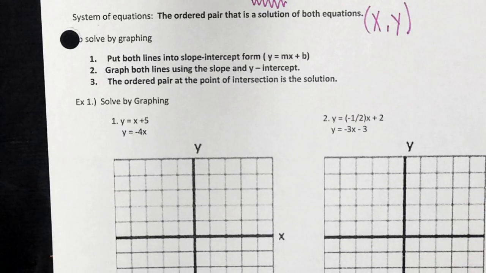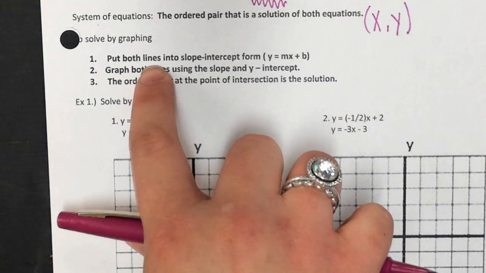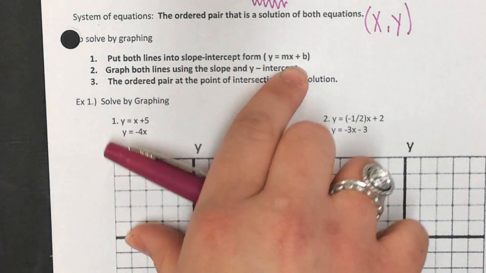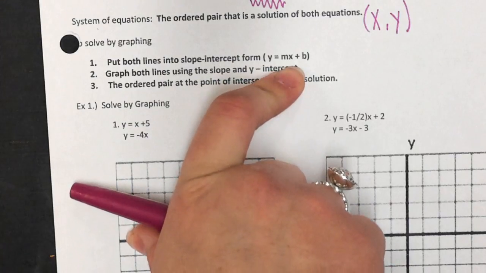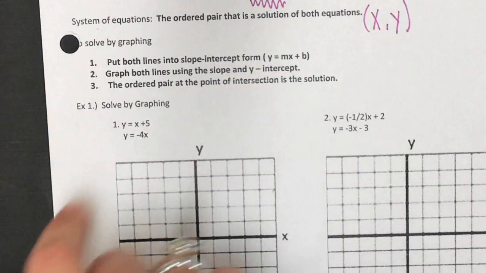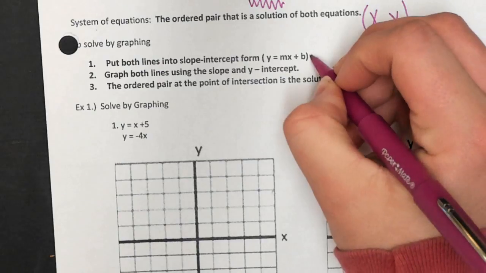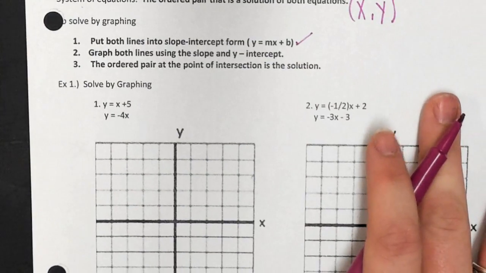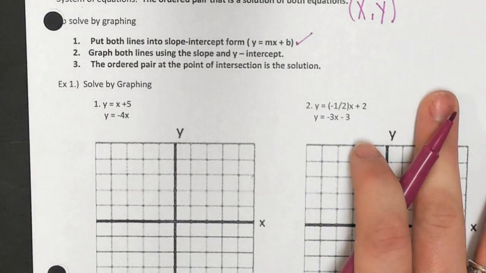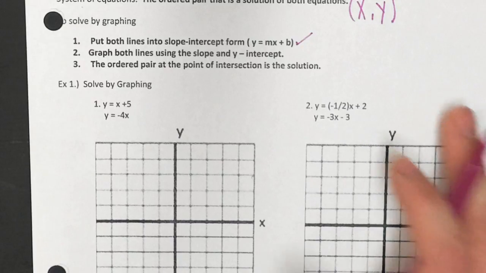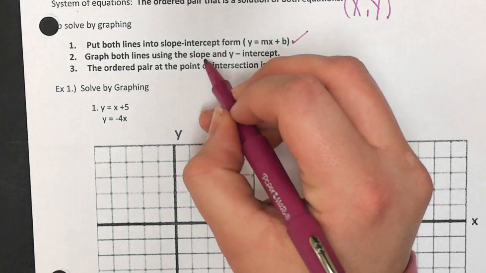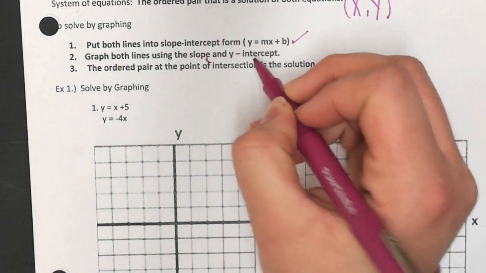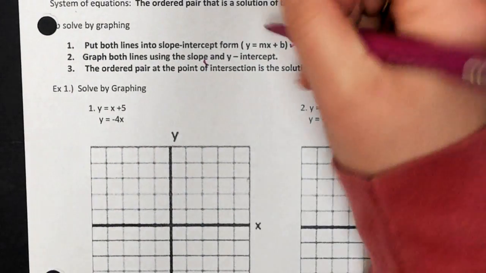So the first thing we want to do is to make sure both lines are in slope-intercept form. What is slope-intercept form, class? Y equals mx plus b. So that's the first thing. If it's in that form, you can go on. The second thing we want to do is to graph both lines using the slope and the y-intercept. What does slope stand for? And what letter? M. And what is y-intercept? B. Good.